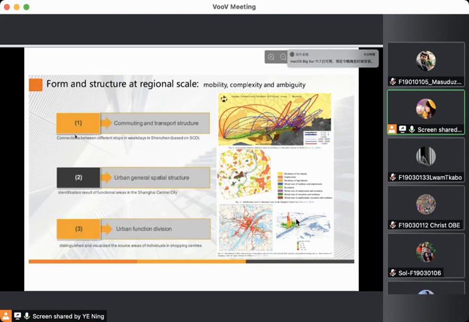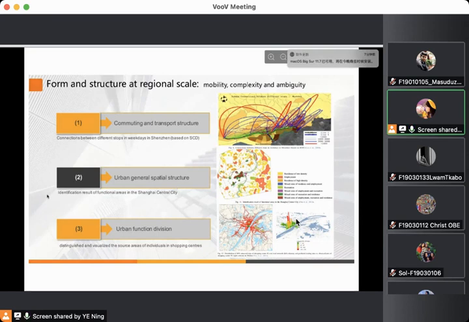From this map, we can know the connections between different stops on weekdays in Shenzhen, a city in southeast China. And here, second, we can get the urban general spatial structure.